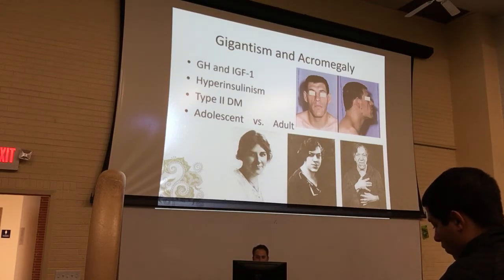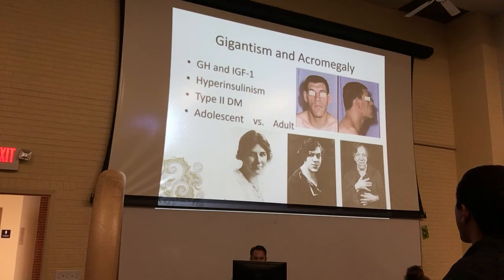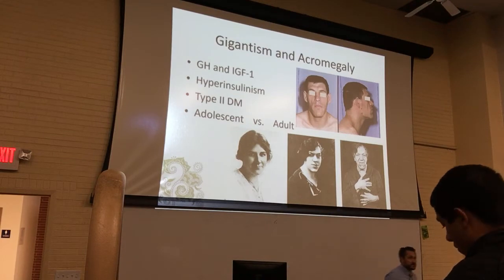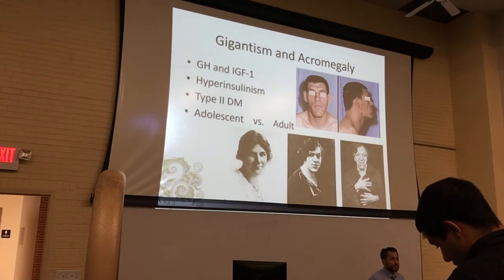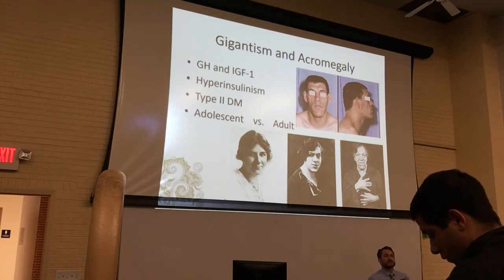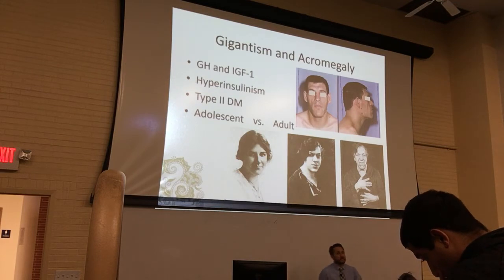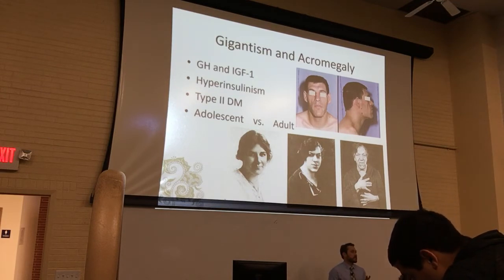And now they reduce their sensitivity to insulin in the periphery, and it causes the body to start producing higher amounts of insulin to respond to it because they're less sensitive, which is classic clinical symptoms of type 2 diabetes. So they develop later in life type 2 diabetes symptoms as a result of this growth hormone abnormality.